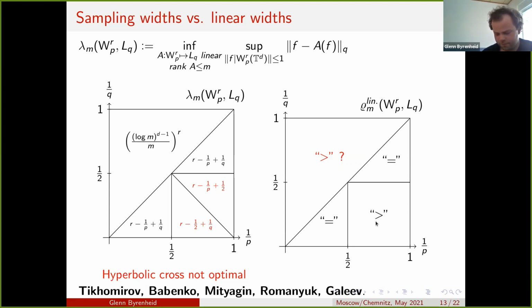There we can prove that sampling approximation is seriously worse compared to linear approximation. So here approximation by sampling is the same as approximation by general linear information.